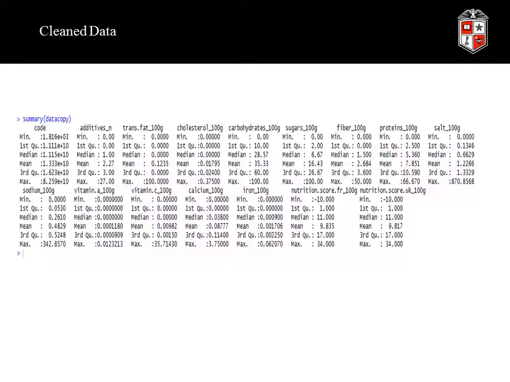So the next step I'm working on is finding and clustering these foods and providing several groups that contain foods with similar nutrition facts.